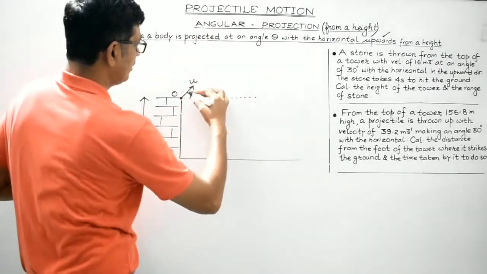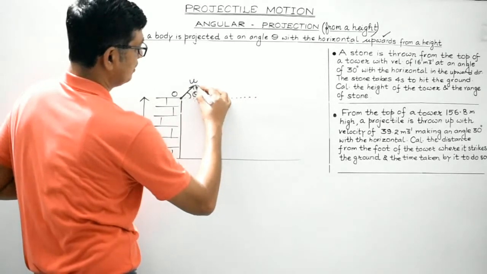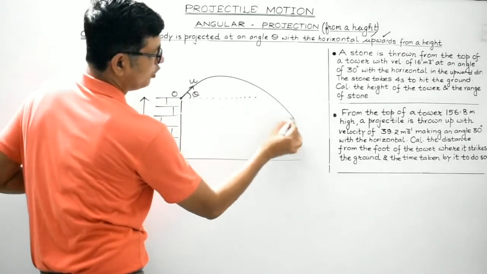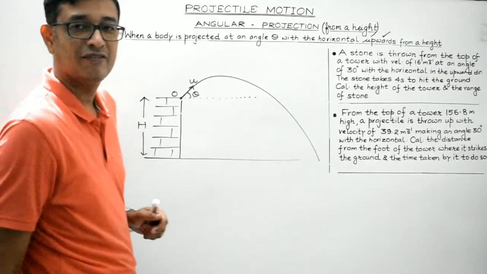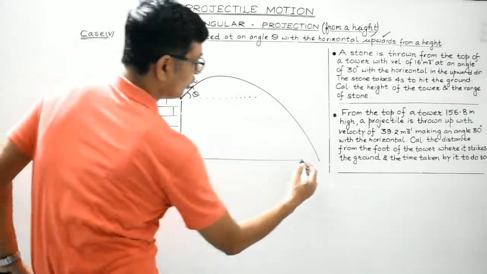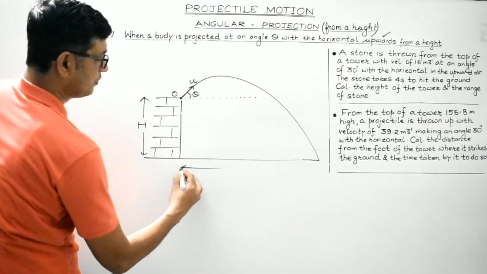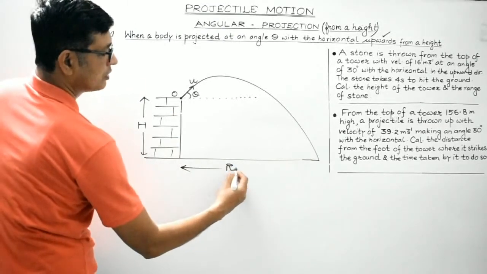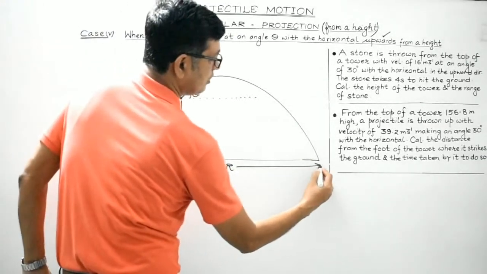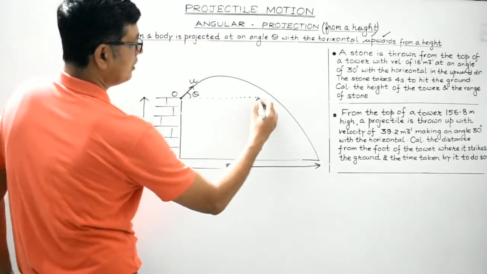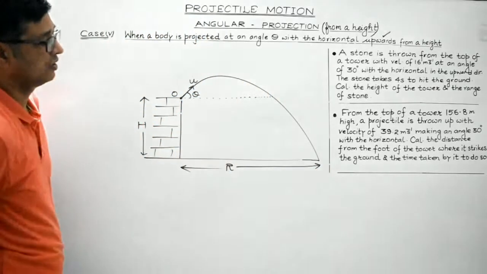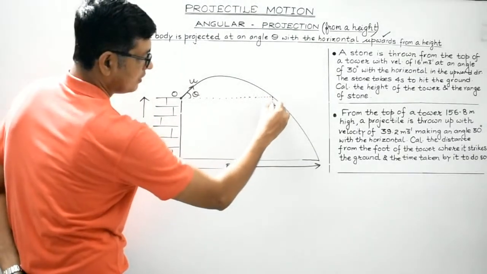So now, obviously, it will follow a path like this. Am I clear, students? So, in this case, this will be the range. Right? And you can divide it into two parts actually, like this.